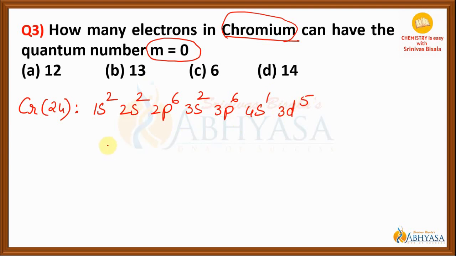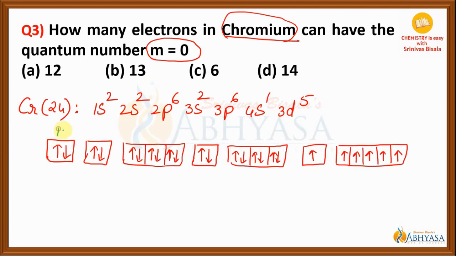And to understand better, we need to write this electronic configuration in terms of boxes, so there will be no confusion for you. So this is 1s2, this is 2s2, 2p6, this is 3s2, 3p6, 4s1, and 3d5.